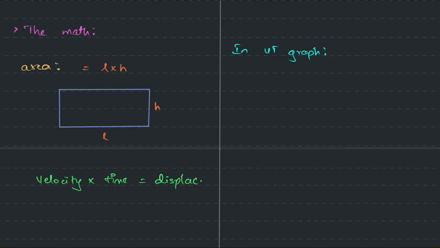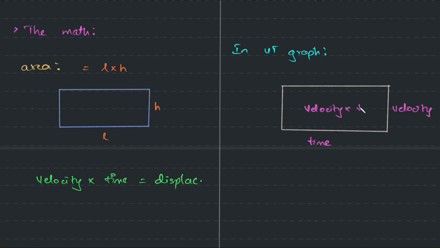In a velocity time graph, for the same rectangle, along the length it will be time, and along the height it will be velocity. If I consider the area, this will be velocity into time. But we know velocity into time is nothing but your displacement.